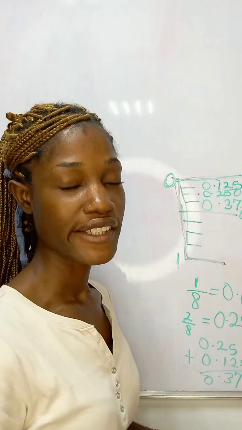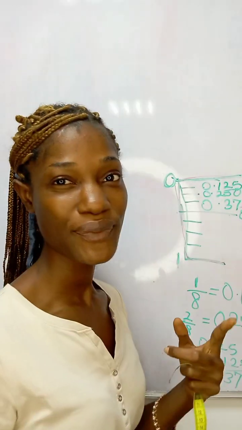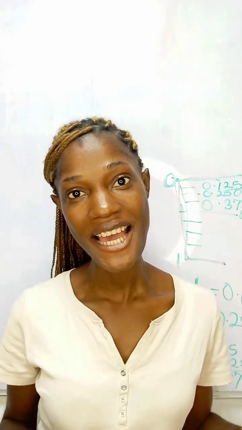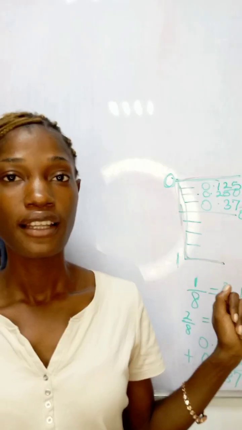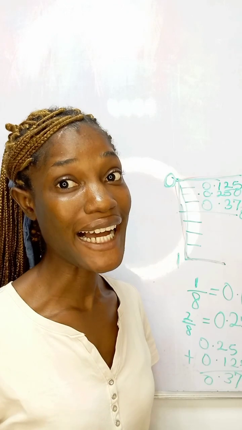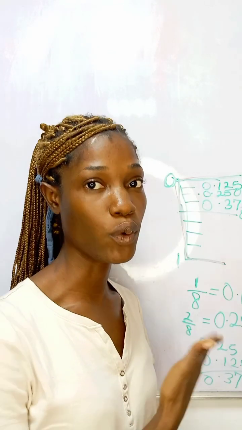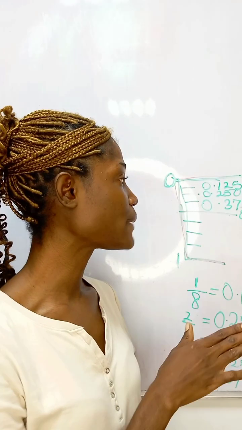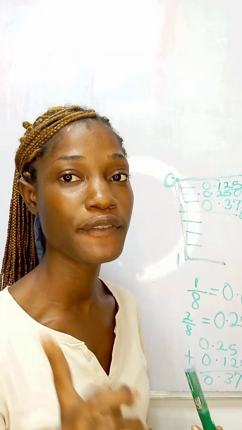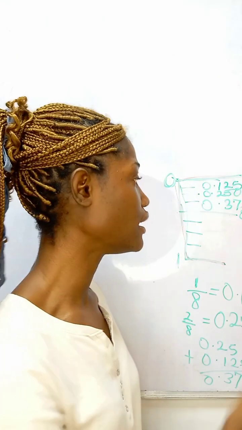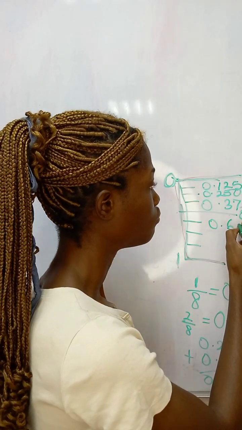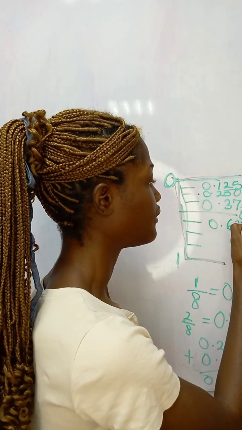Alright, so that's it. Second assignment: I want you to finish up the inch tape, and I would expect your answers to look like what I'm going to write now, but I would expect you to calculate it yourself. I would expect your fifth stroke to be 0.625.